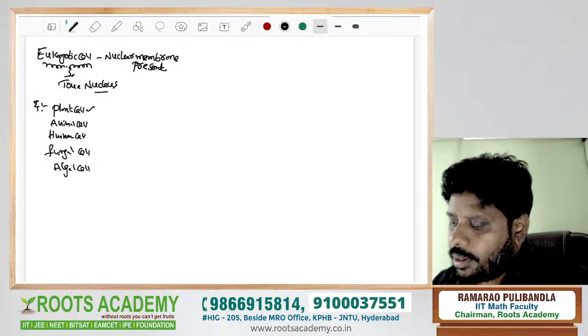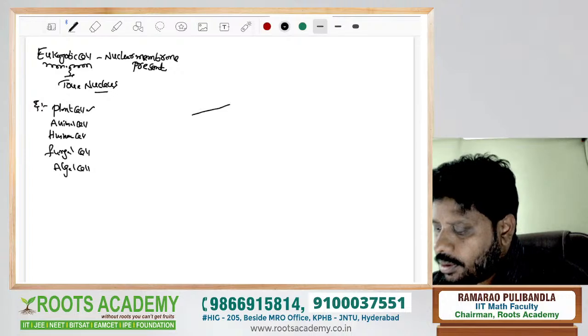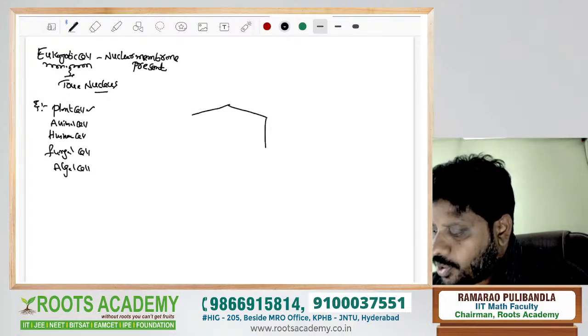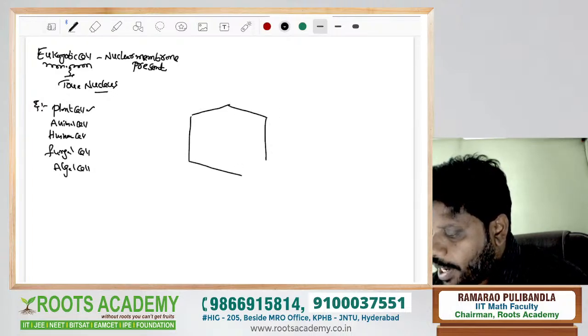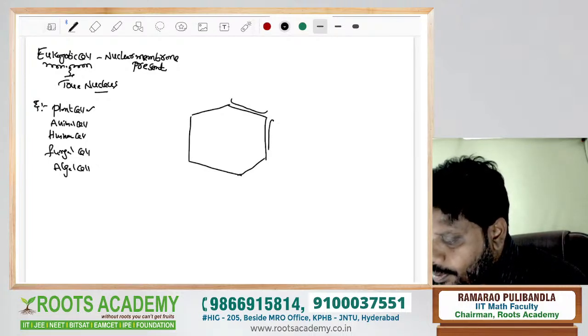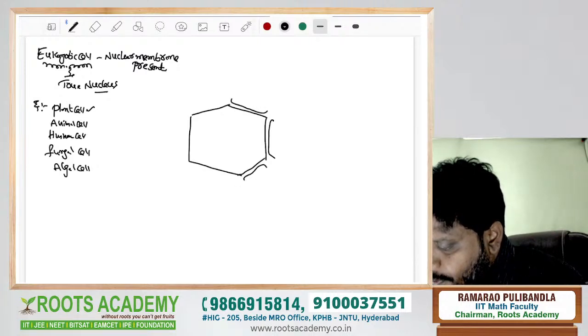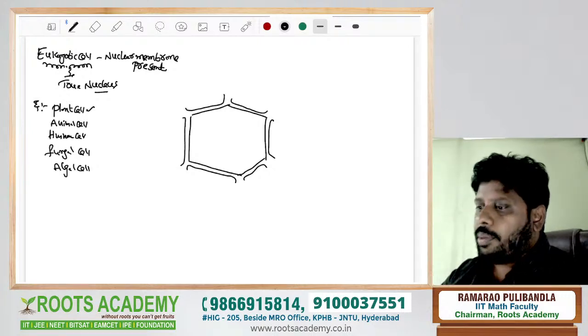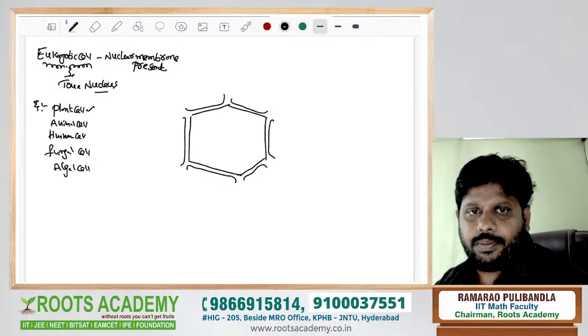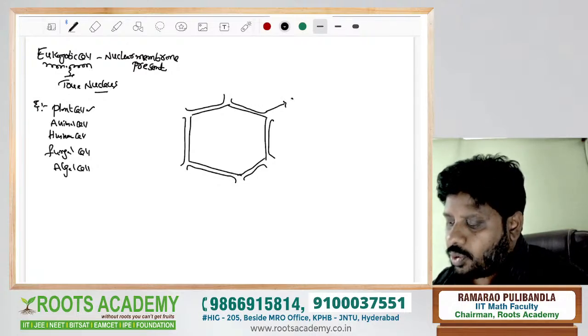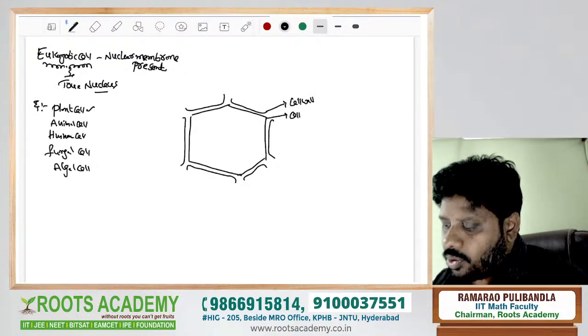Imagine this is one matured plant cell. Matured plant cell, outer layer cell wall, below the cell wall cell membrane is present.